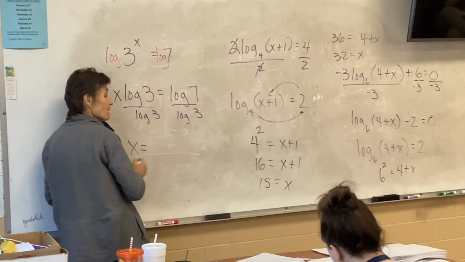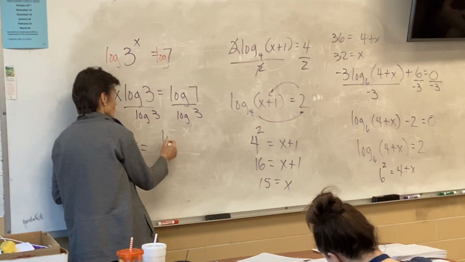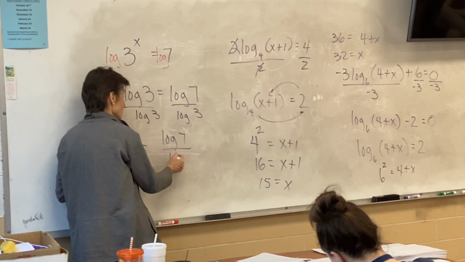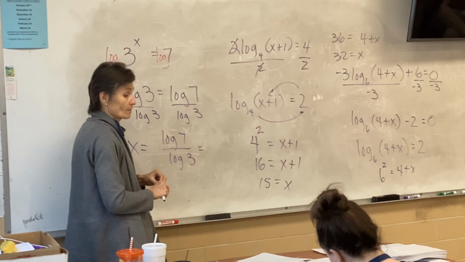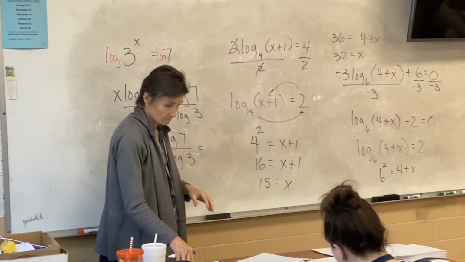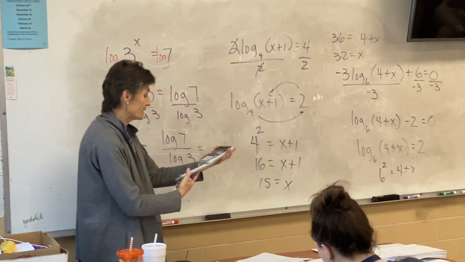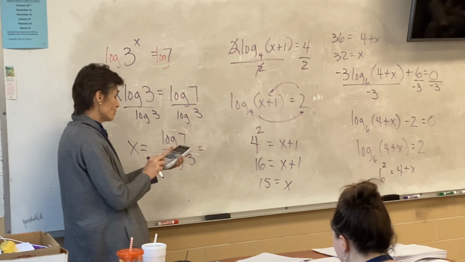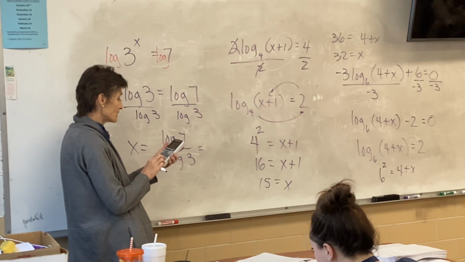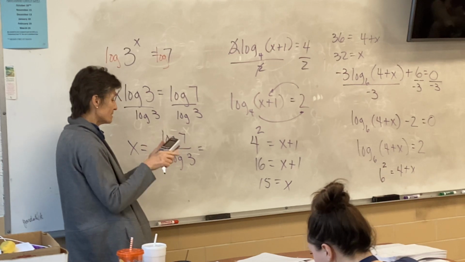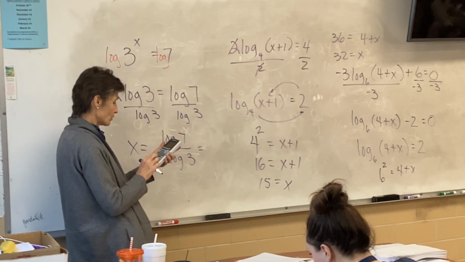So what will I type into my calculator? Log 7 divided by log 3. When I type that in, remember you have to close the parentheses. So log 7, close parentheses, divided by log 3.